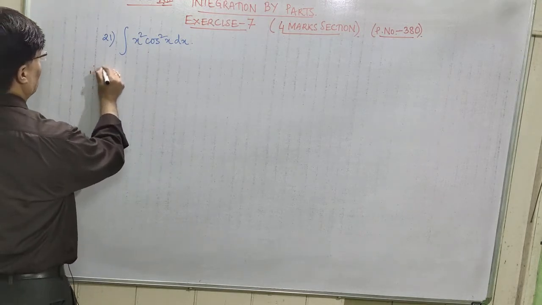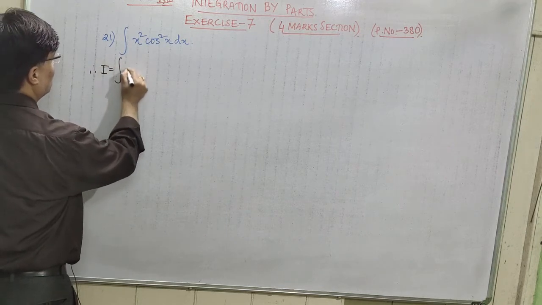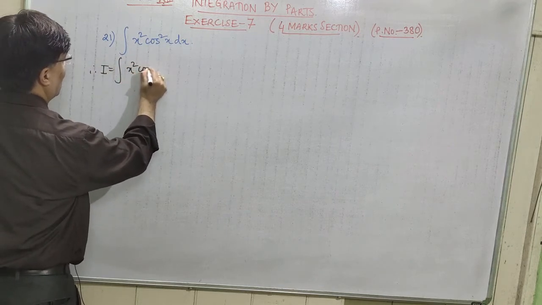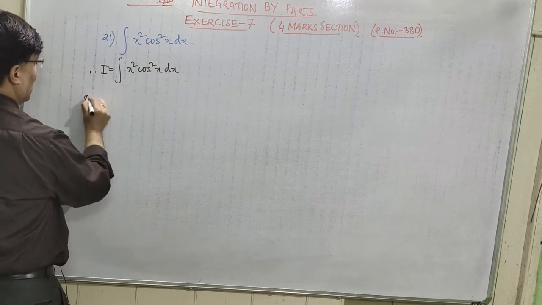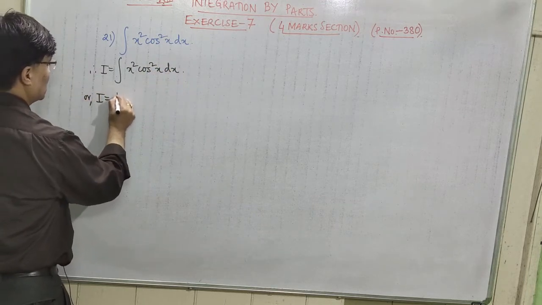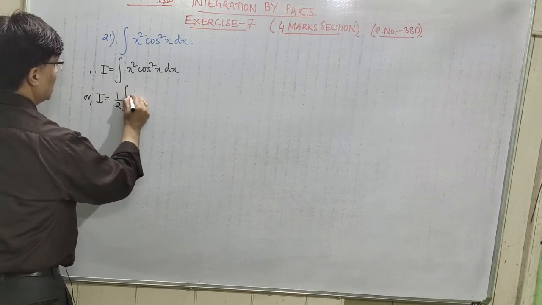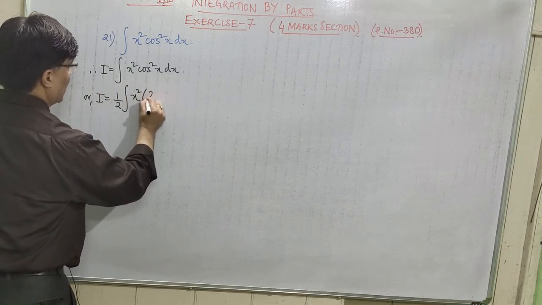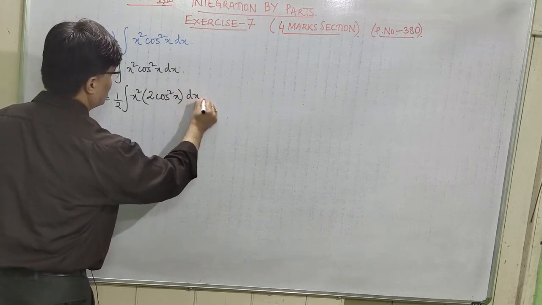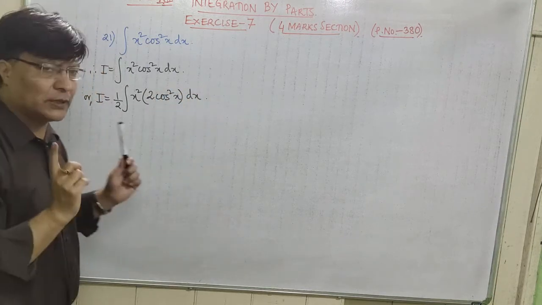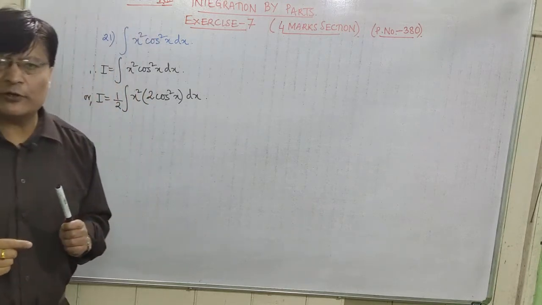So first of all, you write I is equal to integration of x square cos square x dx, or I is equal to, now this is half integration of x square within bracket, this is 2 cos square x bracket close dx. Is that clear? Now what is the formula for 2 cos square x?